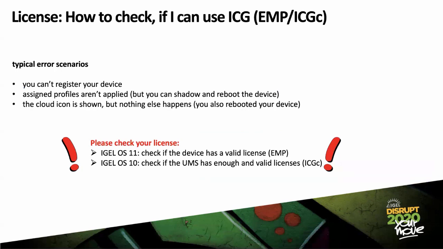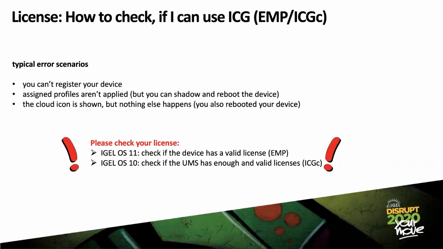Licensing. We talked about this in part 1 as well, that you need some license. So how can I check if I can use ICG? You're coming with version 10 or version 11. Do I have a chance, or do I need a license? Because perhaps you install the ICG, you connect the device, it's booting up, and then there are some errors.